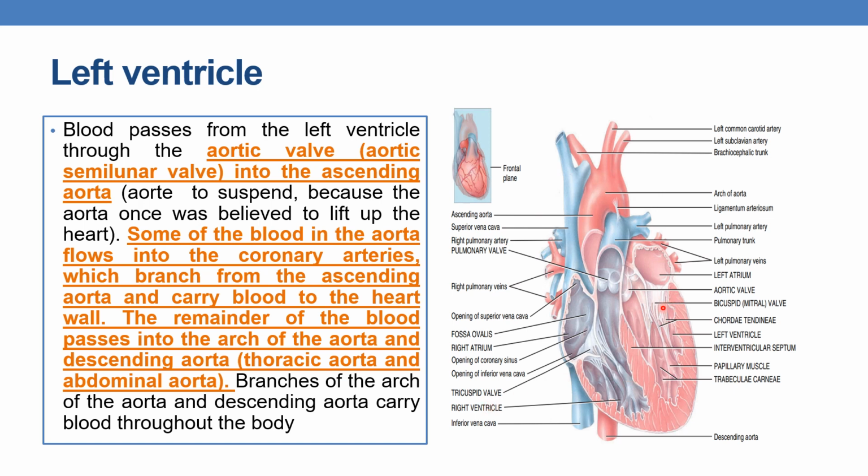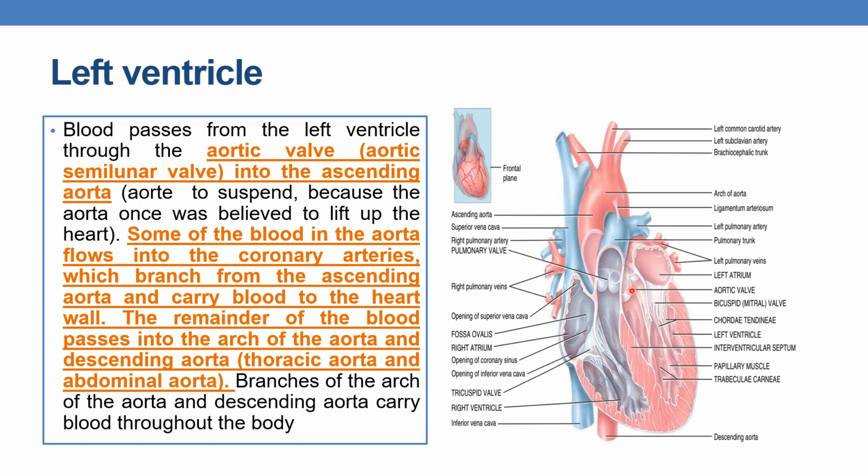It allows the blood to flow from left atrium into left ventricle. And the next valve we have discussed is the pulmonary valve. The pulmonary valve allows the blood to flow from right ventricle into a large pulmonary artery called the pulmonary trunk.